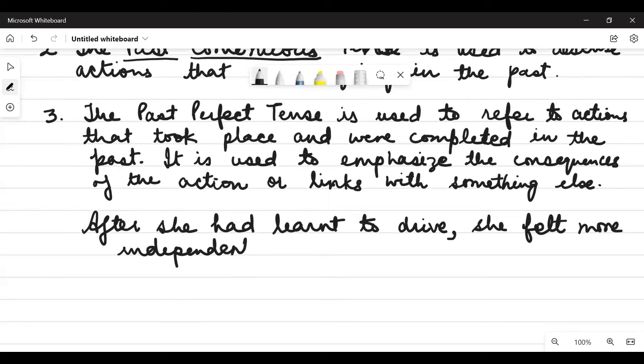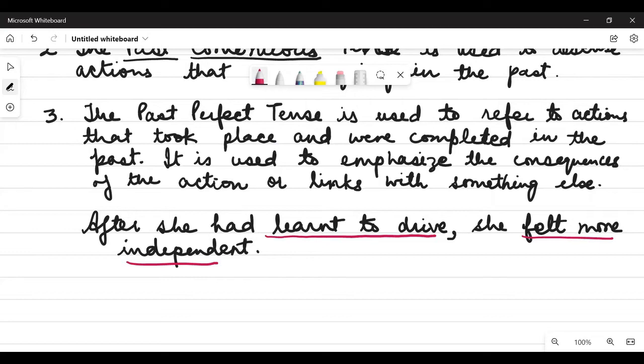She felt more independent. Now, please understand, in this scene, there are two actions. One is learning driving, okay, learn to drive. Another is feeling more independent. But feeling more independent is actually the consequence of this first action, which is learning to drive.